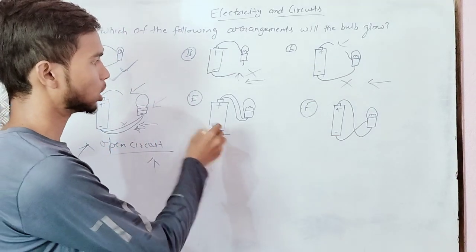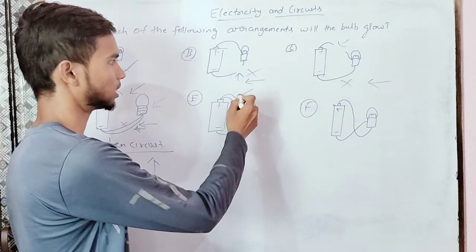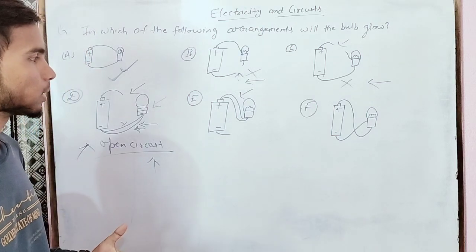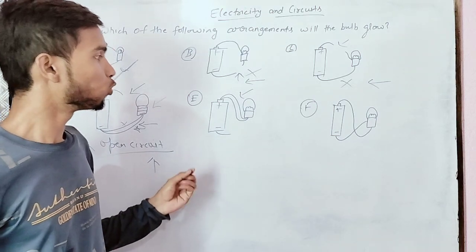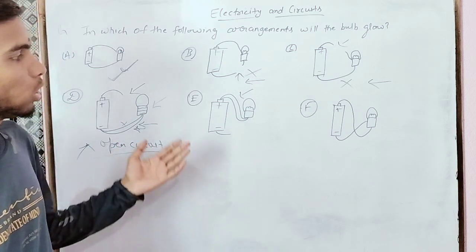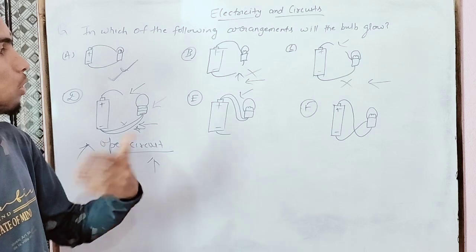Now in this way, again you can see two wires together connected from one terminal of the electric cell to one terminal of the electric bulb.